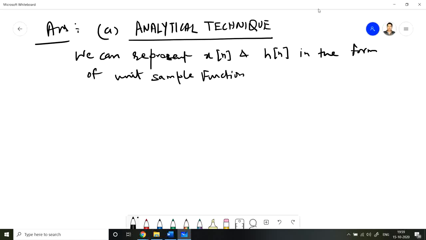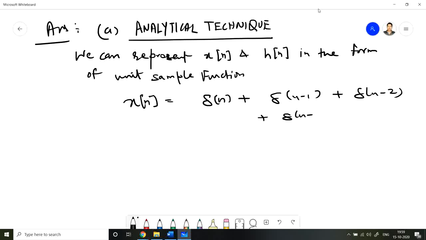So x[n] can be written as x[n] equals delta[n] plus delta[n minus 1] plus delta[n minus 2] plus delta[n minus 3]. Basically any discrete time signal can be represented in the form of unit samples, because delta[n] is equal to 1 when n is equal to 0.